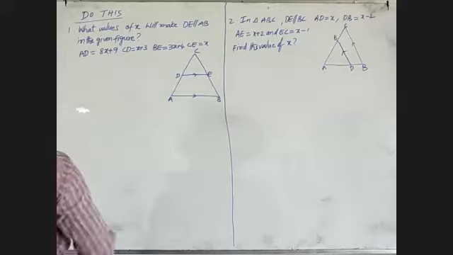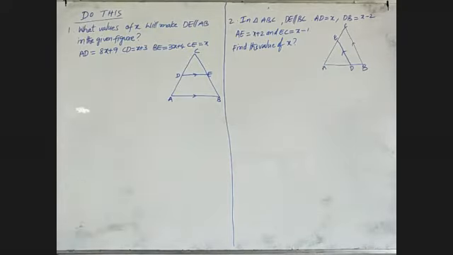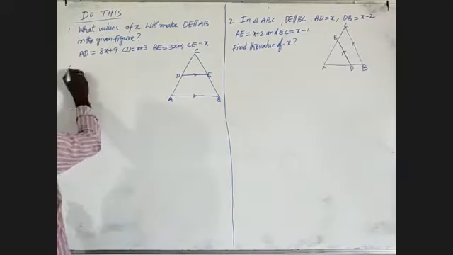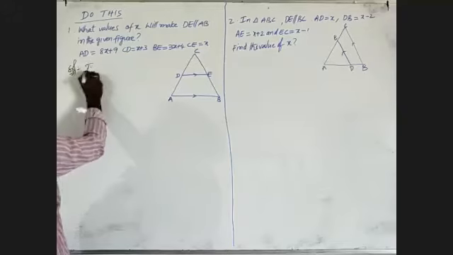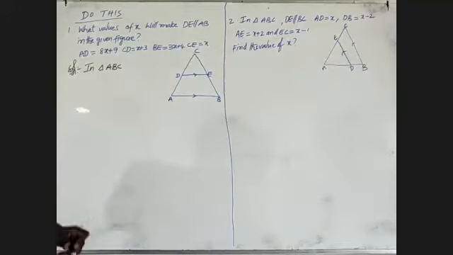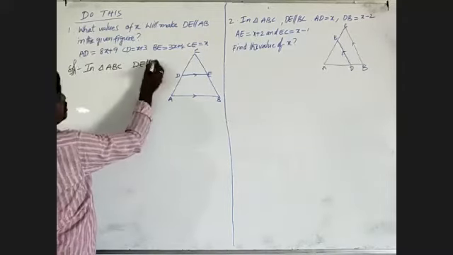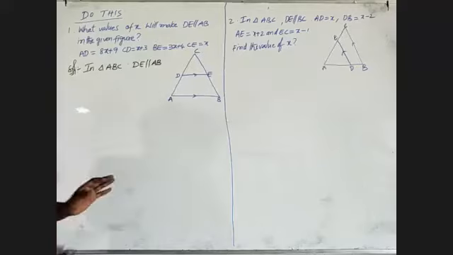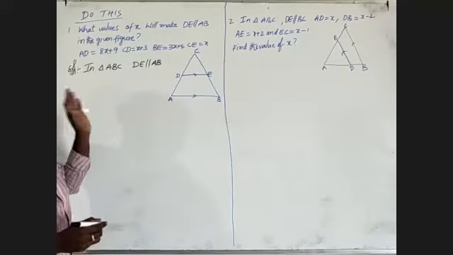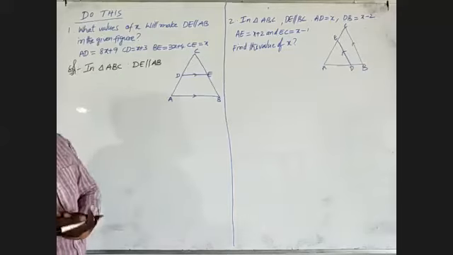Okay, students, we will observe this one. What is given in this problem? In triangle ABC, what is given? DE is parallel to AB. One thing we will observe: when DE is parallel to AB, we use the Thales theorem.